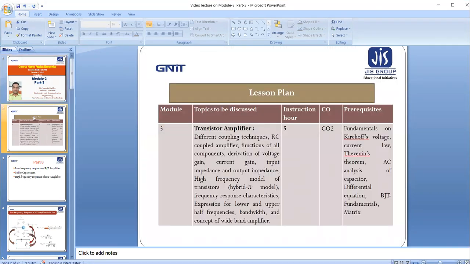Before going to detailed discussion of this part 3 of module 3, let us have a look into the lesson plan.